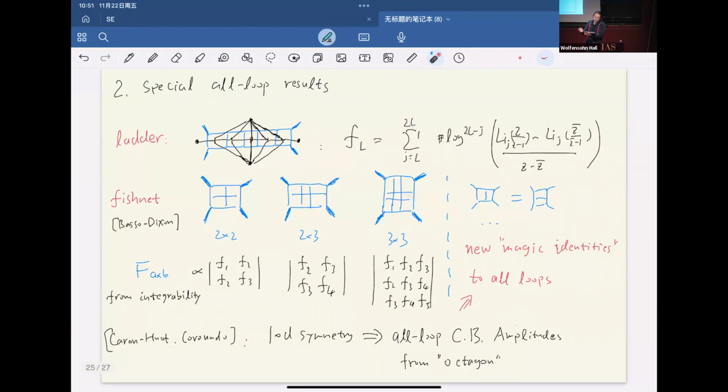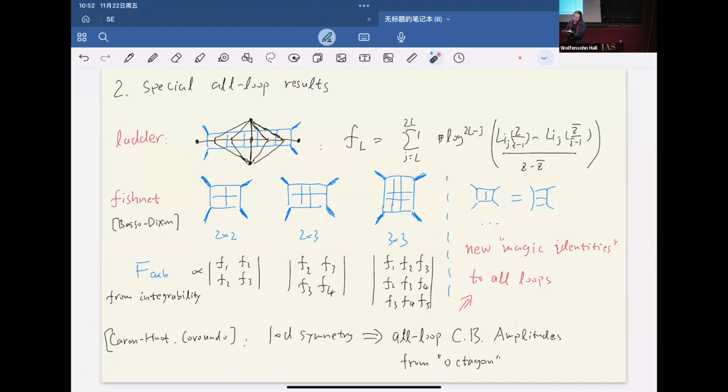And there are also a lot of all-loop results in this world. I mean, the most famous one is probably the ladder. The ladder always appears as a special F graph in this game, and its integration is well known to be given by some classical polylog multiplying log. And there's also this class of diagrams known as Basso-Dixon fishnets, which generalize the ladder to fishnet graphs.